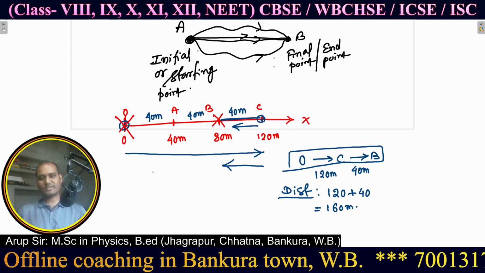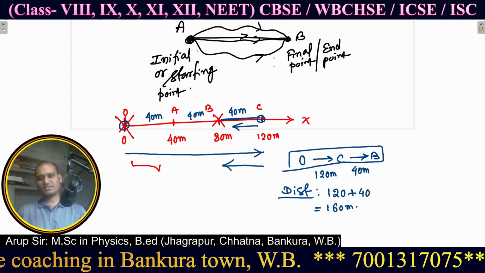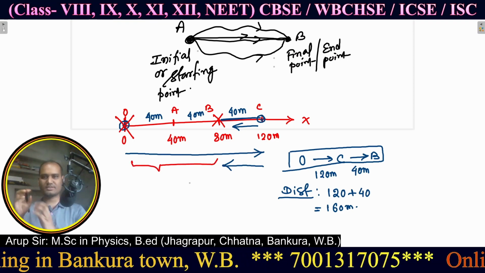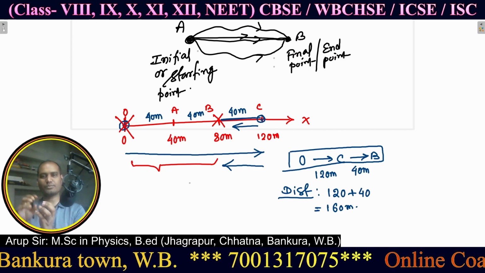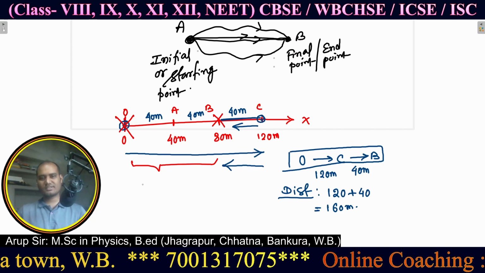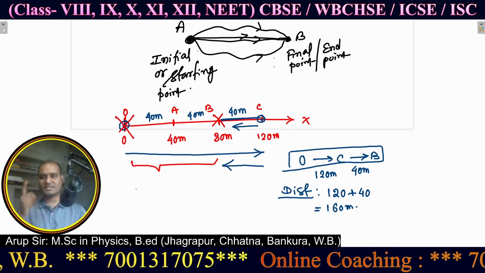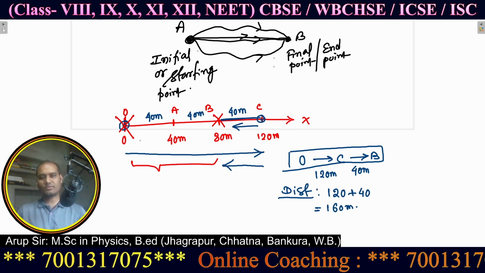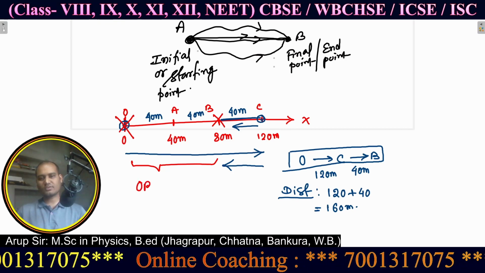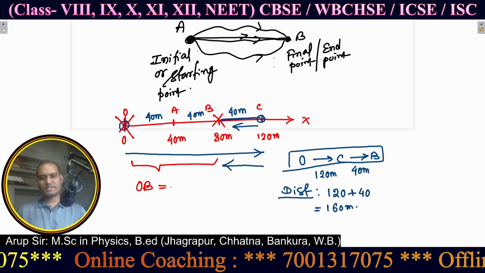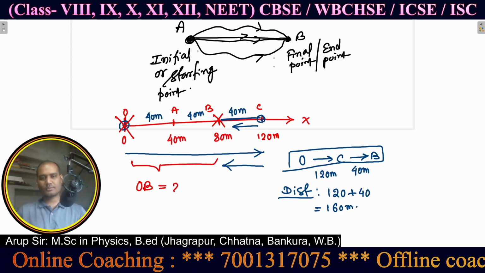So the distance between the initial or starting point and the final point, this is known as what? This is known as displacement. So you can calculate this OB distance. OB is the displacement, which is given by how much? Which is given by 80 meter.